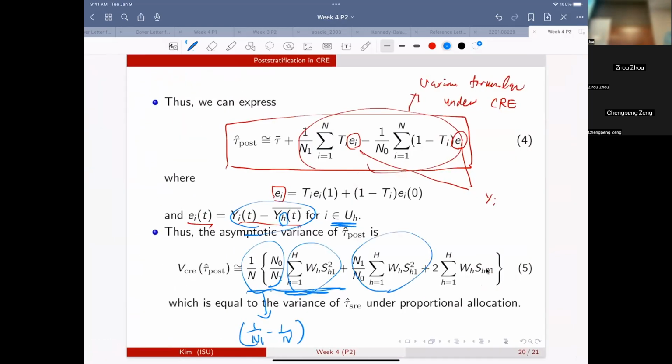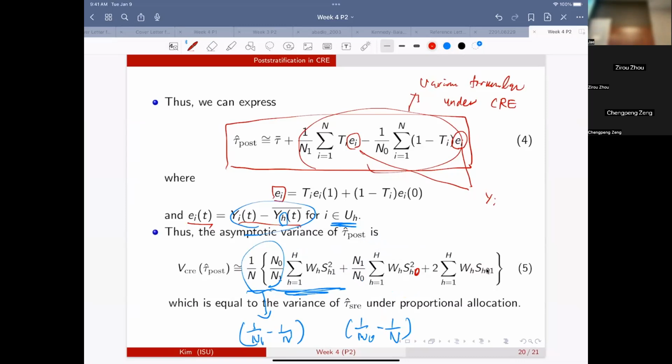The second part should be the same, right? The second part, multiply 1 over n0, is 1 over n times this guy. Oh, sorry, this is a typo. It should be 0. Because this is a variance about E1, and this should be the variance corresponding to E0, right?